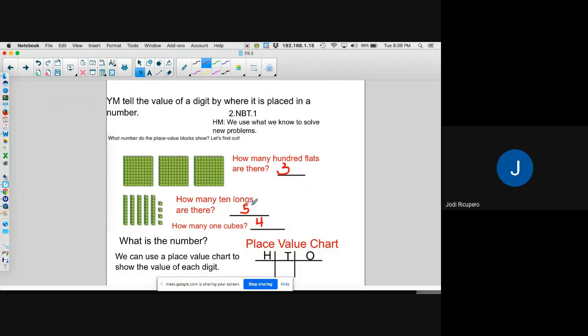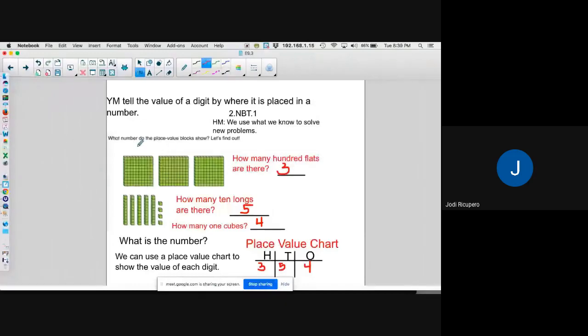So let's go back. What is this number? If there are 3 hundreds flats, 300 in flats, 100, 200, 300.